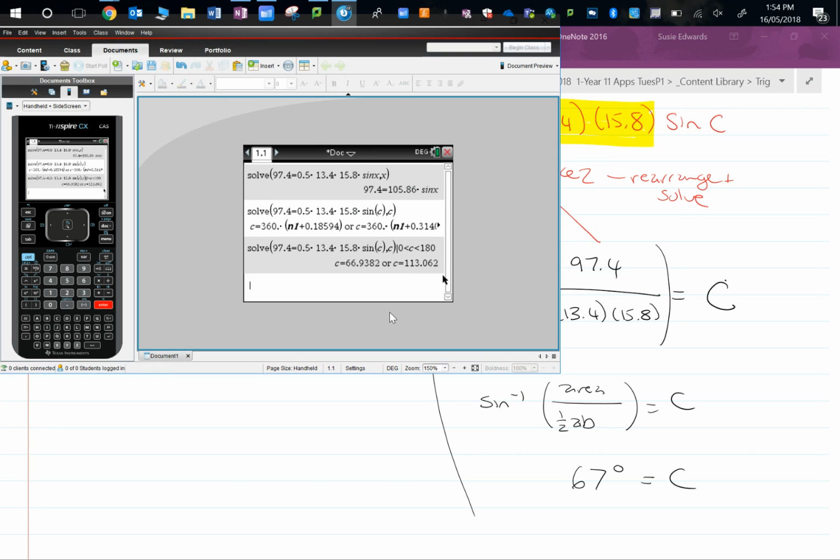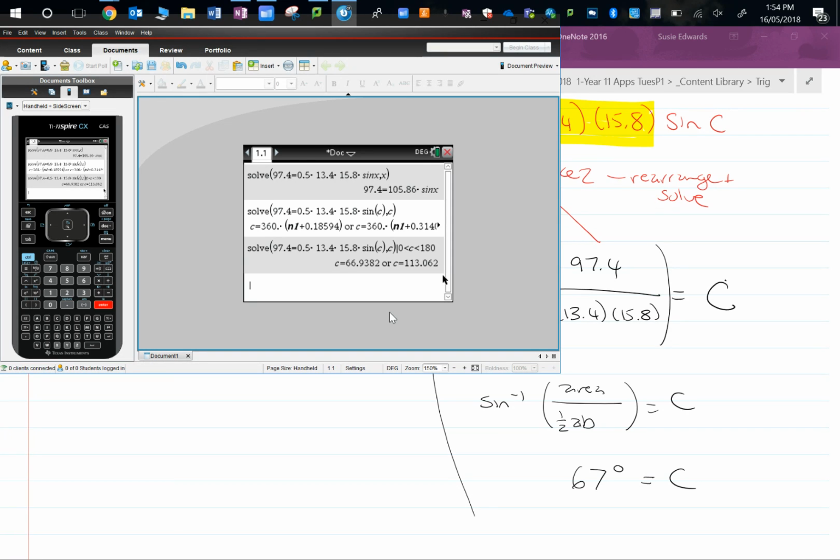And then we get an answer here. Now this one's given us 2 answers, because we're saying the angle is between 0 and 180. See how it's given you 2 answers? That's because there are multiple answers to these questions, okay?